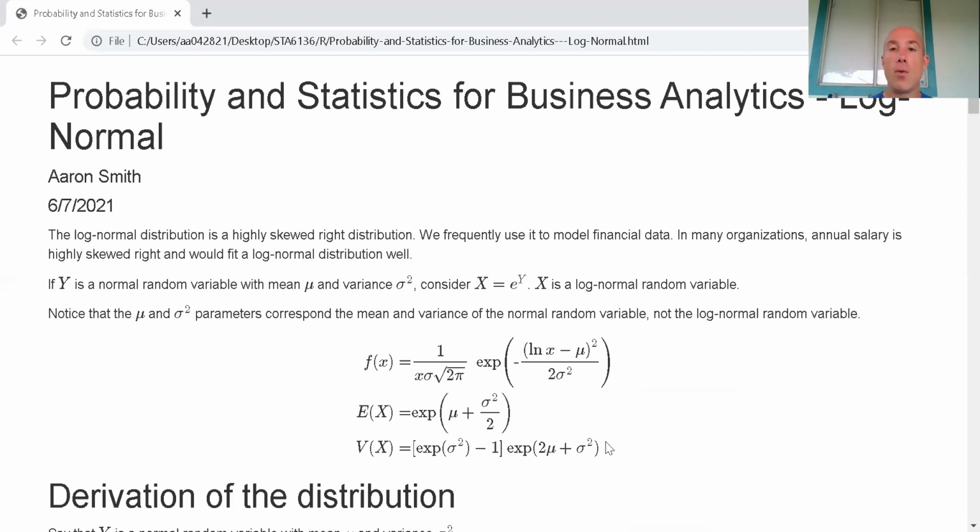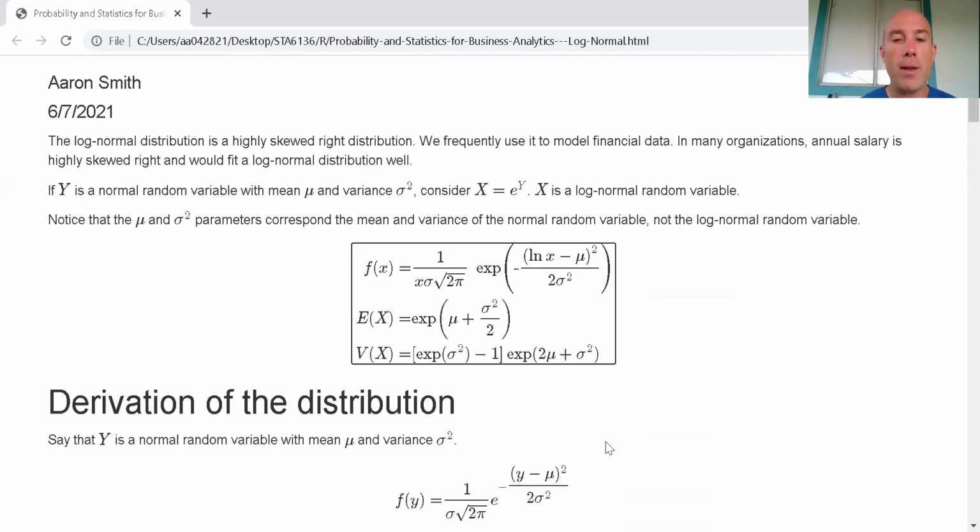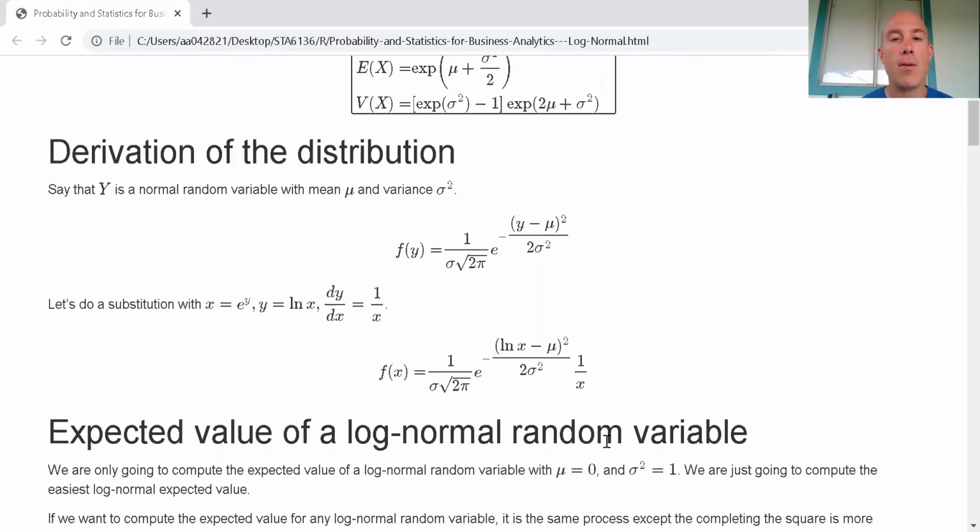Now let's take a look at the distribution. Let's actually derive it. Our game plan is I'm going to take a regular old normal random variable, and convert it over to log normal using a substitution. My first step is that I start with my regular normal density that we know and love.